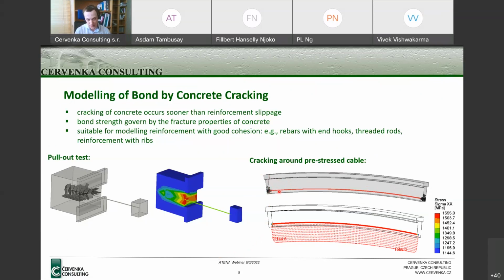Here, this line represents the cable, which is pre-stressed through initial strain, and at the ends you can already see some cracking, which is compensated by releasing of the stress, which is the reason for some stress decrease at the ends of the bar.